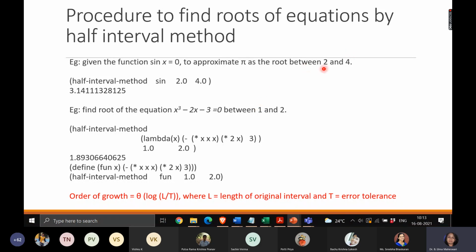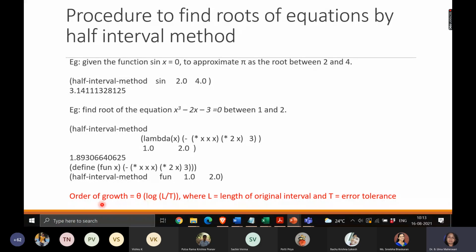Whether you take 2 to 4 or 5 to 6 or 1 to 5, that interval, the length of the interval divided by T. T is nothing but the error tolerance. What is your error tolerance? I can say 0.0001, it depends. 0.1 I can also give. So it is based on your error tolerance and the length of the interval.